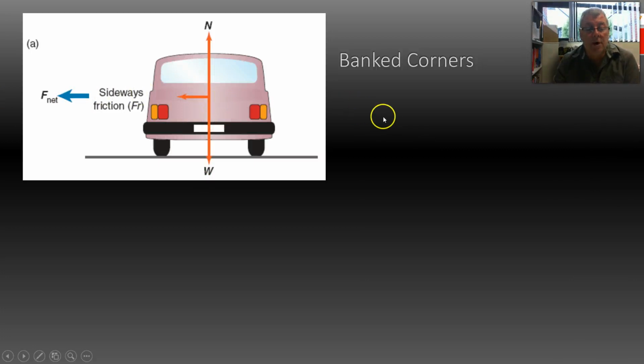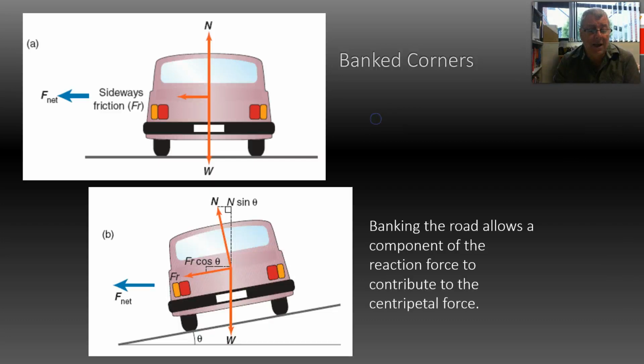If you're driving down the highway or you watch race cars, you often see that corners are banked, and they're banked because of physics. The physics is that when you bank a corner, you have a component of your weight force. Alright, that's your weight force, that's your normal force perpendicular to the bank.